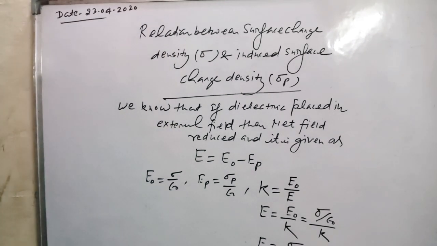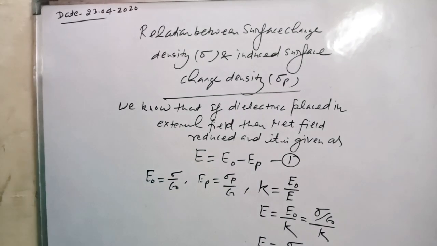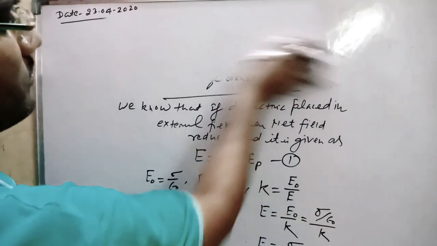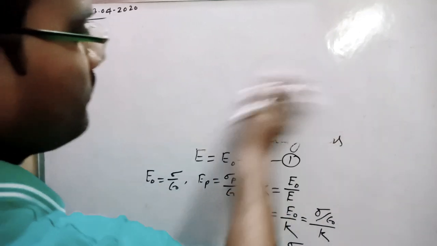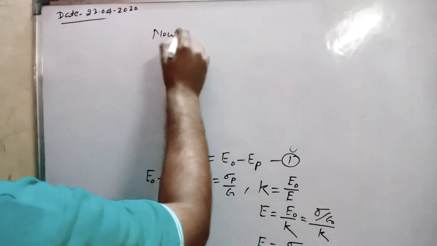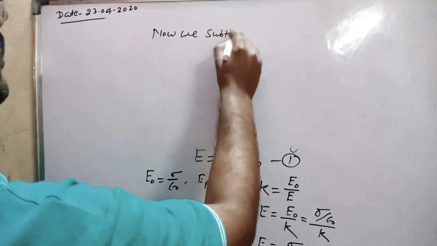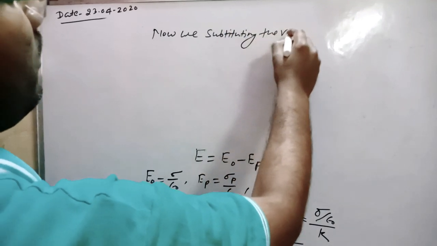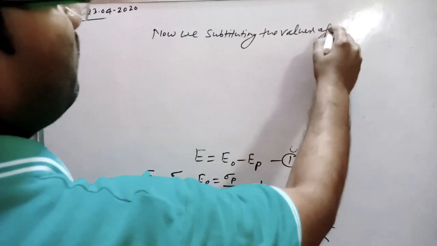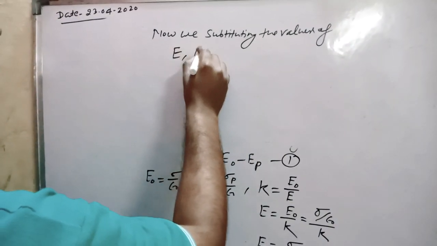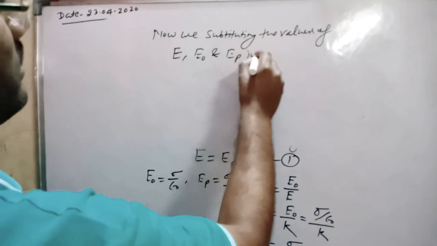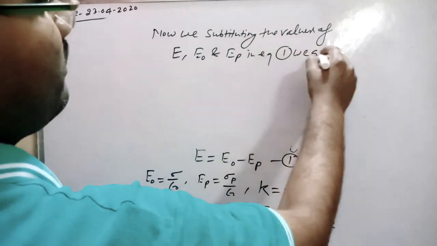Now we substitute the values of E, E naught and EP in equation 1, we get.